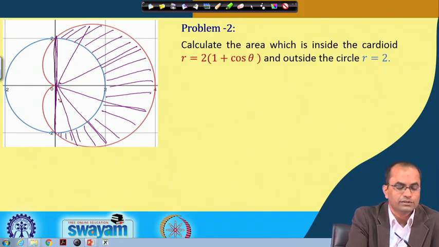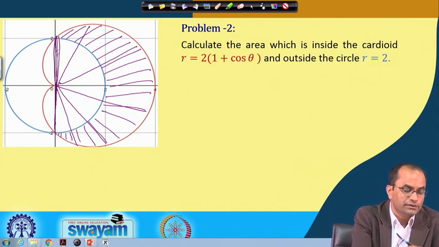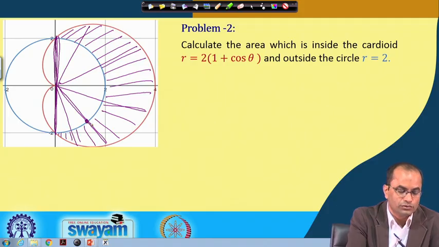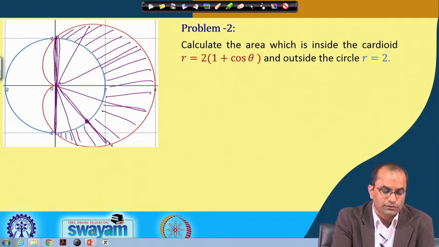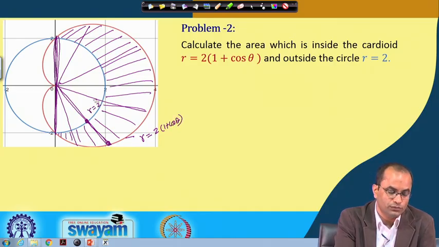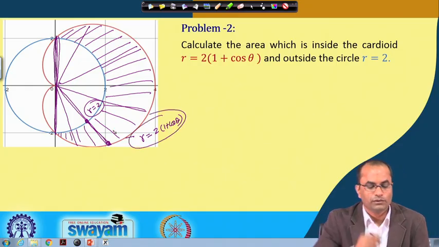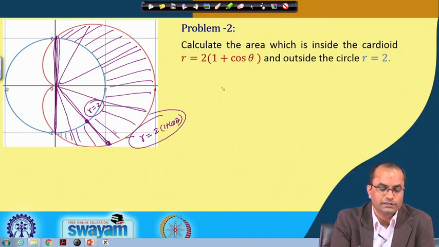So, the limits of theta we can take from minus pi by 2 to pi by 2, and for r it is always from this circle, which is r is equal to 2, to r is equal to the cardioid. So, here is r, this cardioid here is r equal to 2 times 1 plus cos theta, and this is r is equal to 2. So, the limits of r will also be easier to evaluate, and for theta as well.